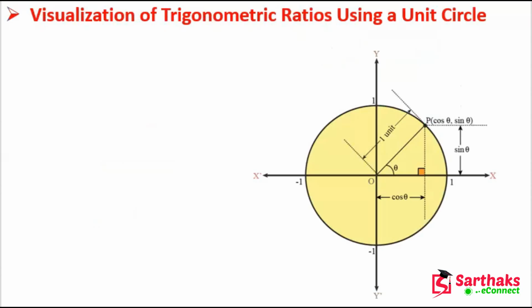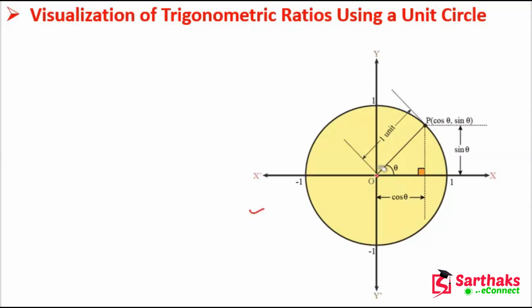Now the next topic is visualization of trigonometric ratios using a unit circle. First of all, we have to draw a circle of unit radius with the origin at the center.